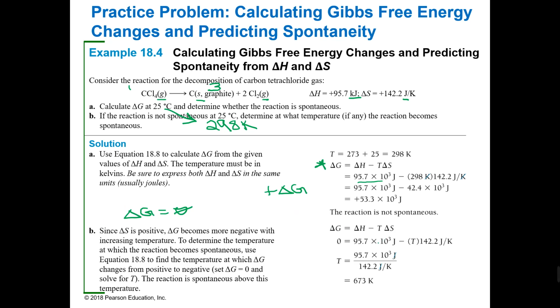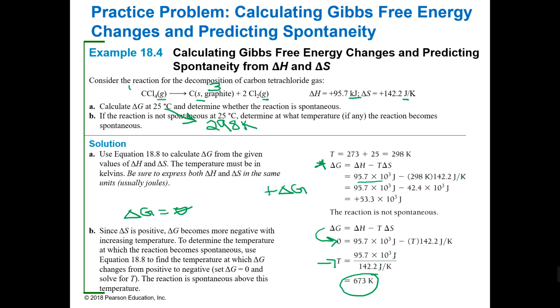So we're still using our same numbers from our delta H and delta S. We're going to set delta G equal to 0, and we're going to solve for T. So at 673 Kelvin, that reaction will become spontaneous. So compared to our 298 Kelvin, that's a really, really high temperature.